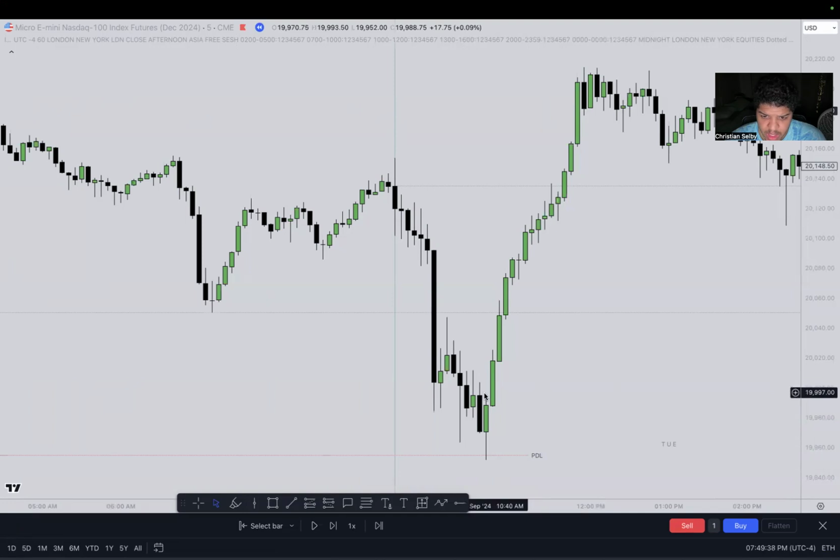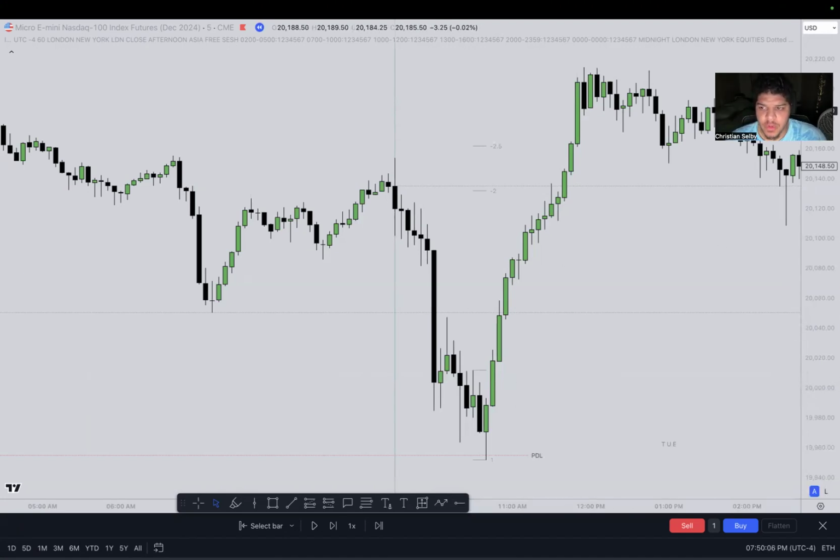Price came from here and pushed on down before expanding. So this is a push into liquidity. How I like to label that is from this low to that high, since that's my last push. So boom, that's my manipulation. That's all I'm looking at. That's how I'm determining where I'm expecting price to go, and that's where I like to put my targets.